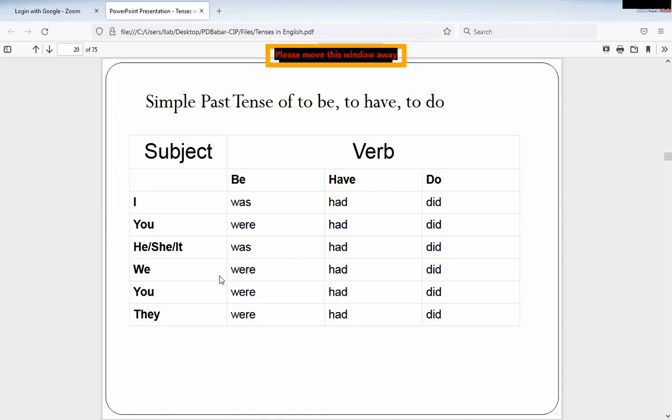We are using it as a second person plural. So we were, we had, we did. These are the forms we can use.